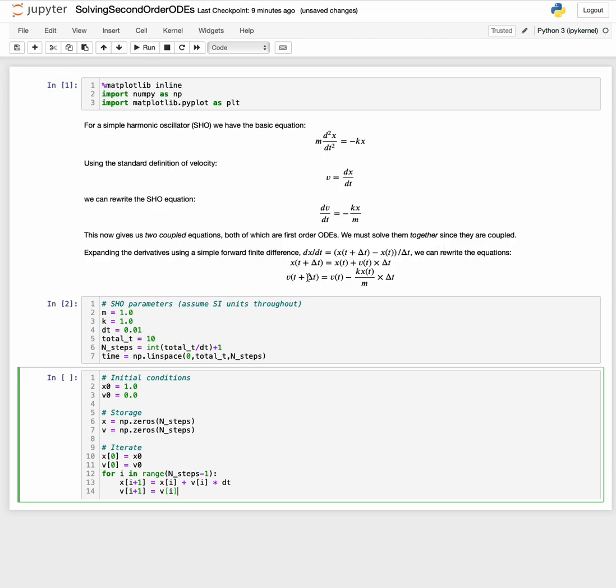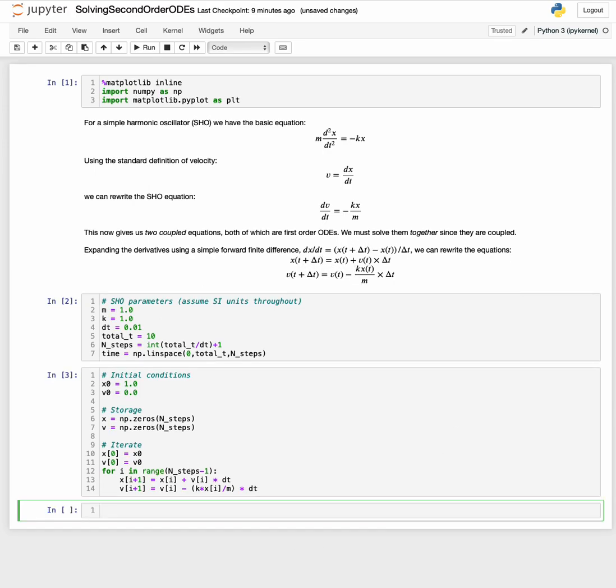And if we look at the equation, there's v of t plus delta t, that's v of i plus 1, is equal to v of t, that's v of i. So now we need a minus, and I'm going to have k times x of i, that's kx of t, divided by m, and then that's all going to be multiplied by dt. So that's just turning this simple difference equation into code.